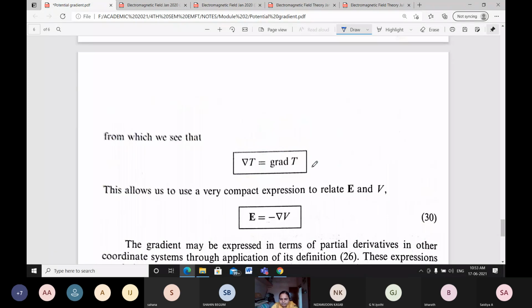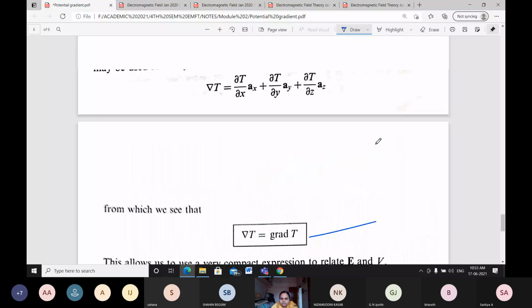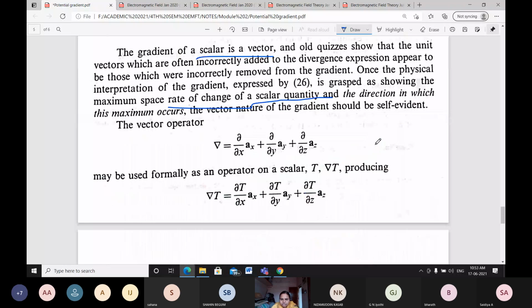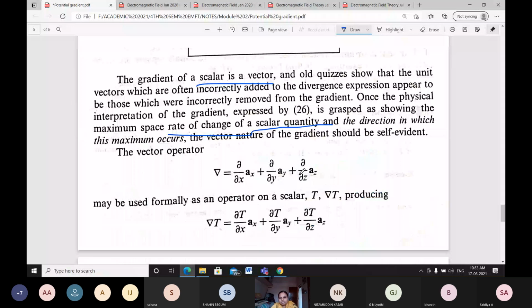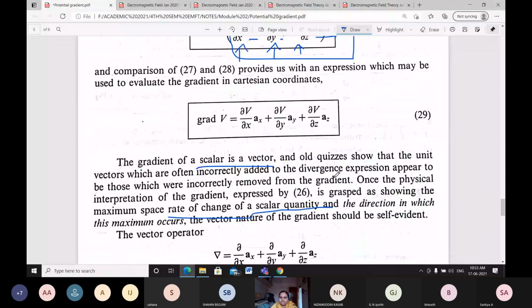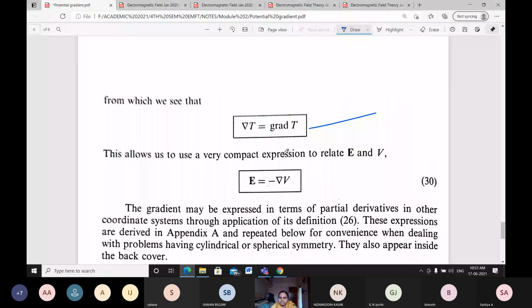Just by comparing this equation with our voltage gradient, this allows us to express the relationship between E and V as E equals minus del V. This is very important.